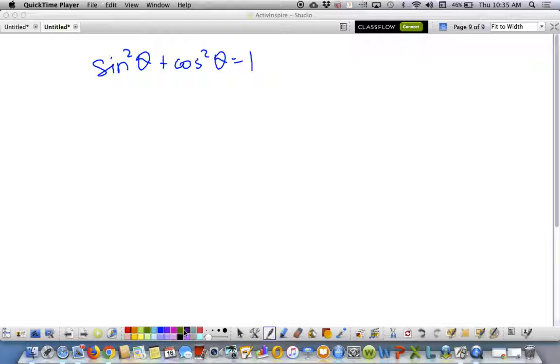If sine theta equals 1/2, what is cosine theta? Use an identity. So I would need you to plug it into this and not draw a triangle. I gave you the formula.